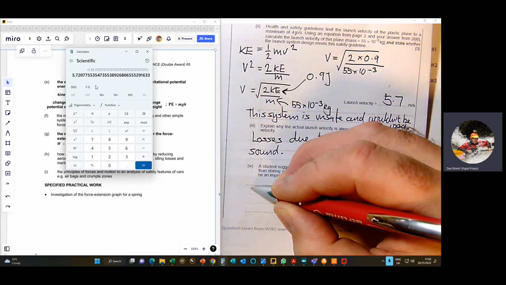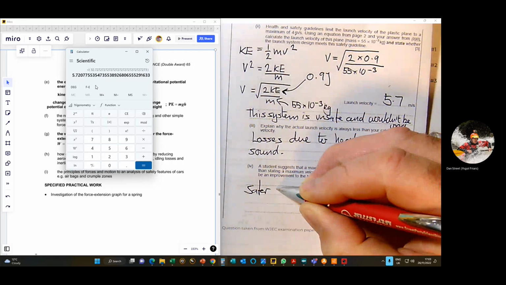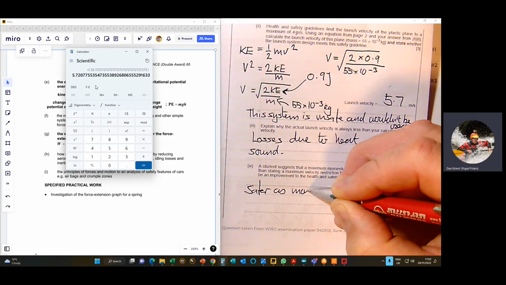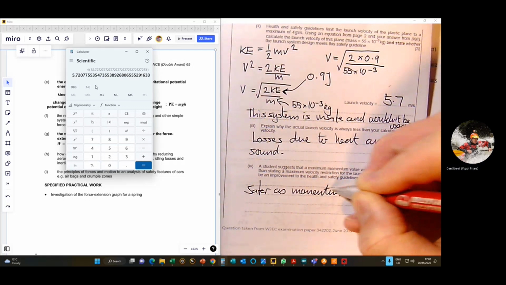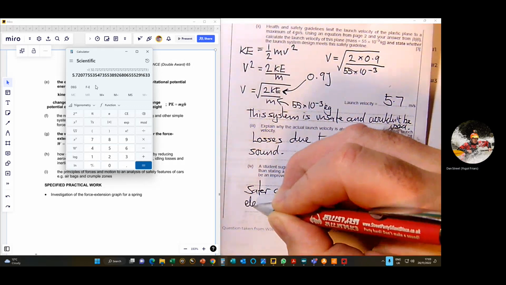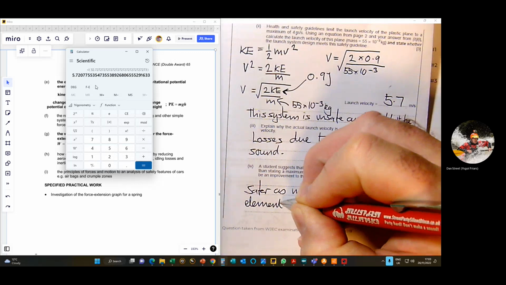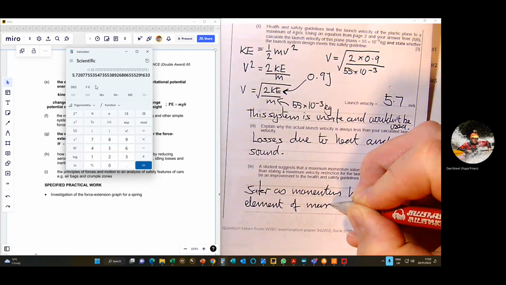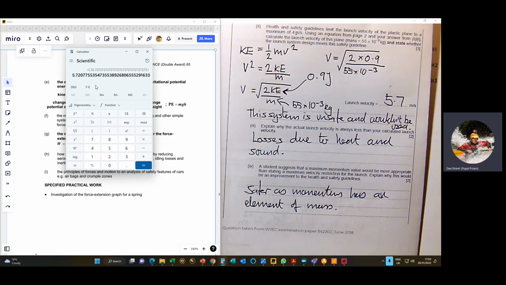Okay, so safer as momentum has an element of mass. If you reduce the momentum value, then both the mass and or the velocity of the aeroplane could be reduced. Okay.